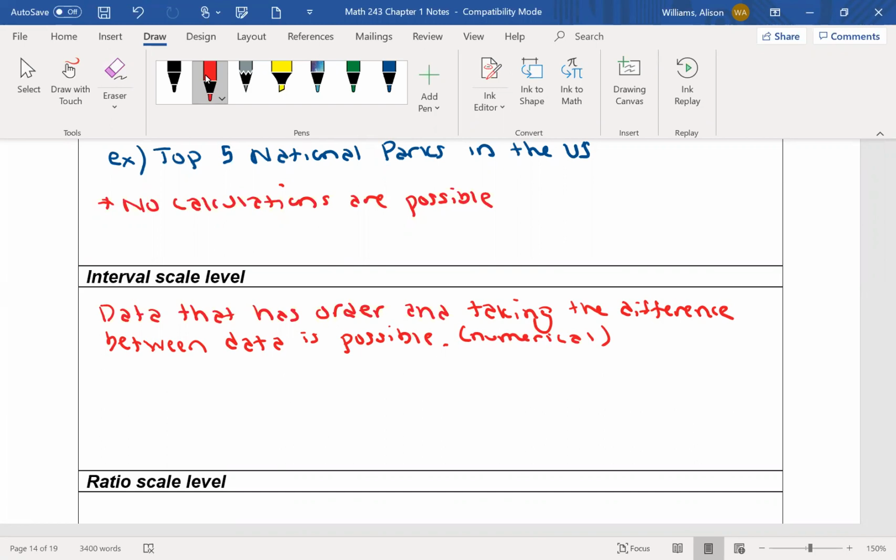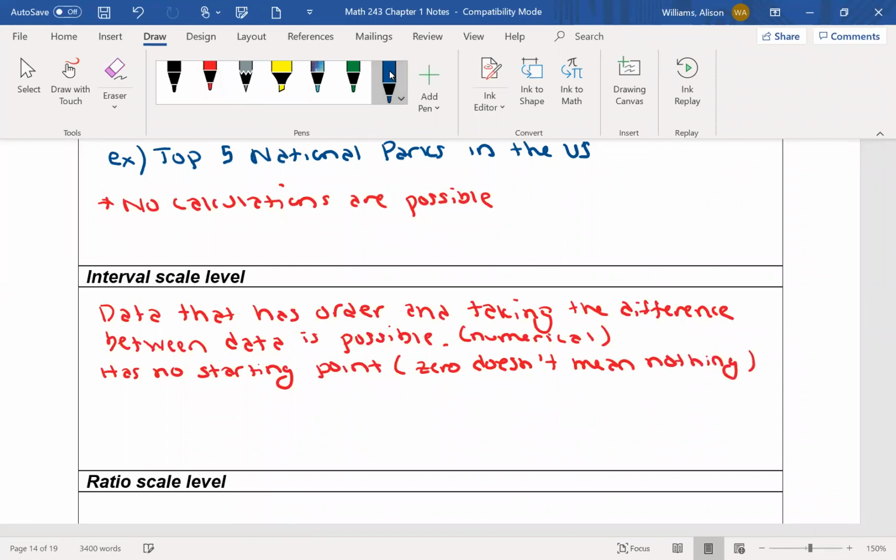We say that interval data has no starting point. What that really means is that when you say zero, zero doesn't represent some sort of starting point. So zero doesn't mean nothing.